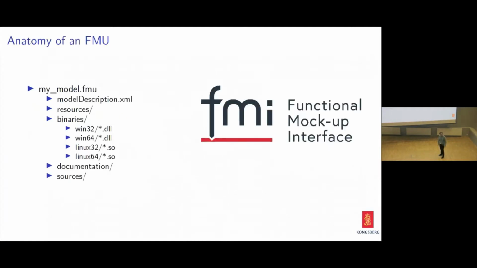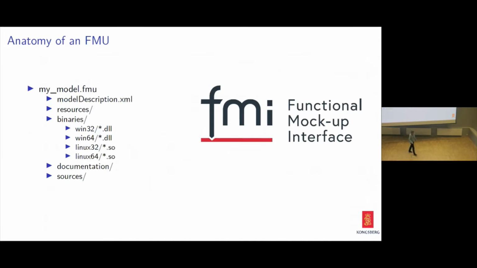So, FMU demystified. What is this black box? It's nothing fancy really. It's just a collection of shared libraries implementing something called the FMI interface, which is just a standardized way of running an application. You take those files, put them in a platform-specific folder, together with a description of its inputs and outputs.